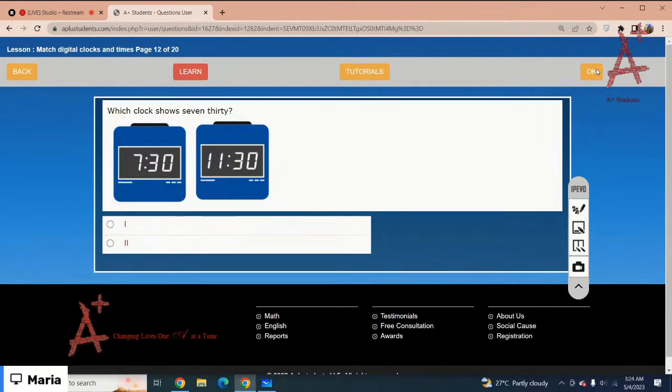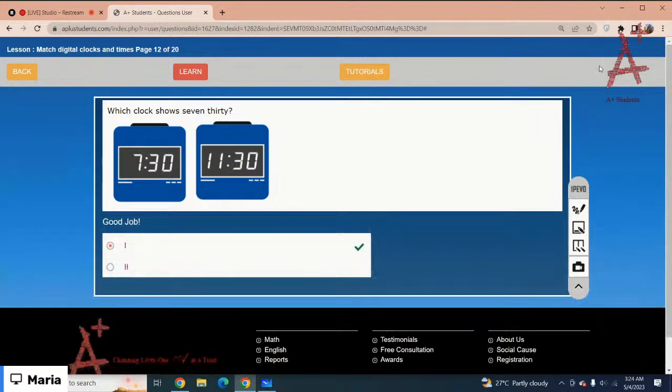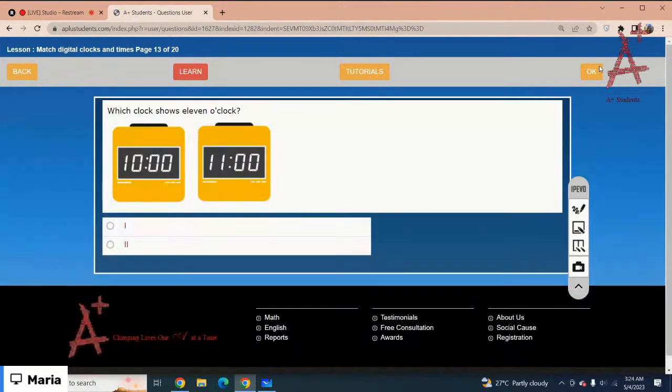Which clock shows 7:30? Which is the correct option? Option number 1 is the correct option. It shows 7:30. Which clock shows 11 o'clock?